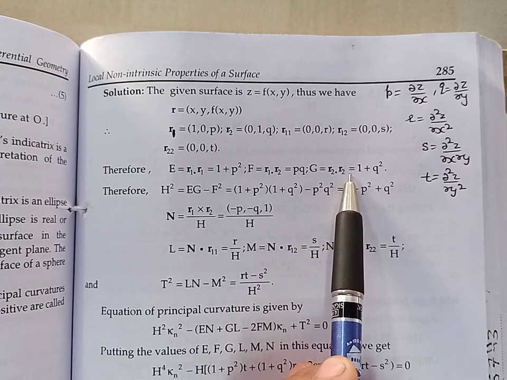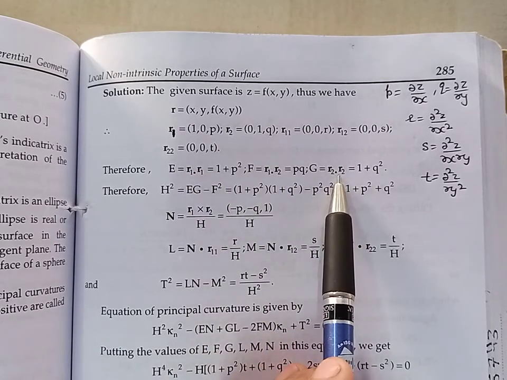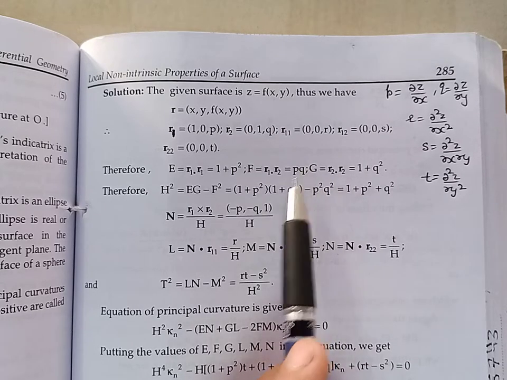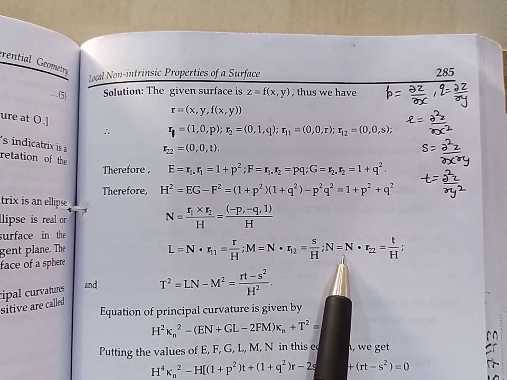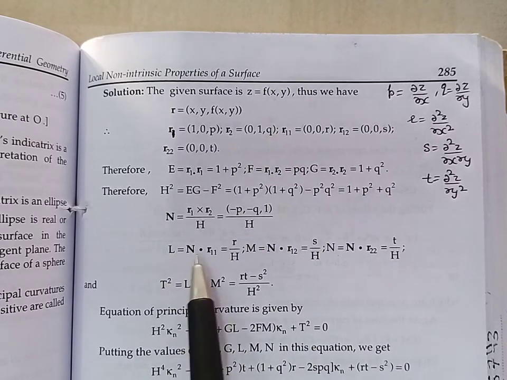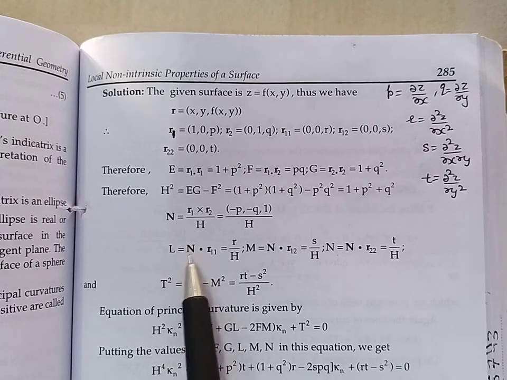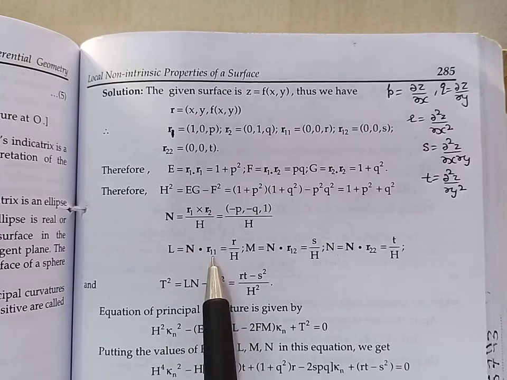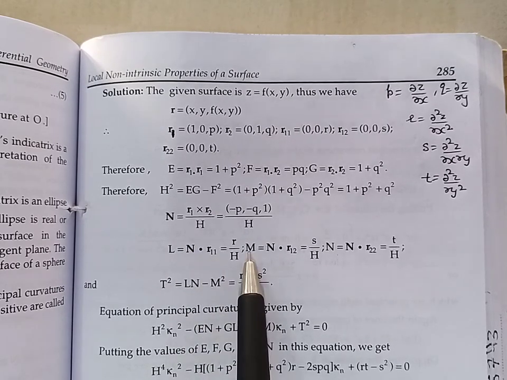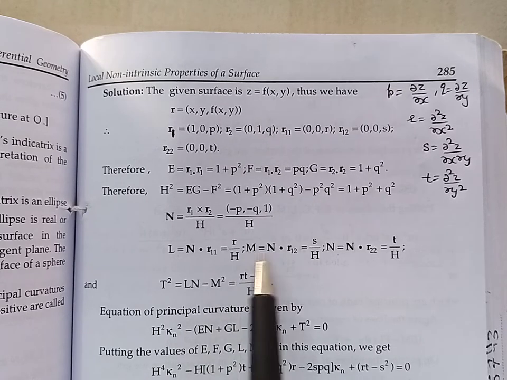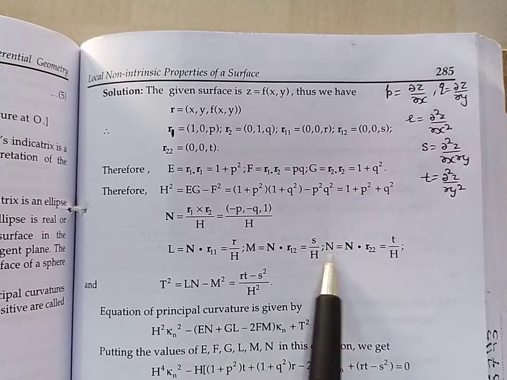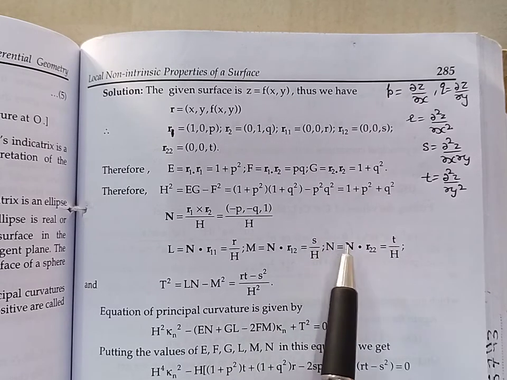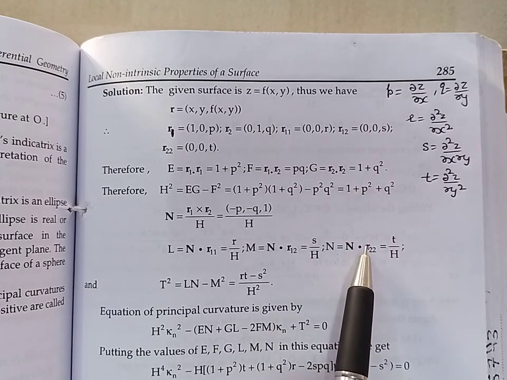So firstly you will have to find these three first fundamental coefficients, and also the second fundamental coefficients, which are L, M, and N. By definition, L is given by the dot product of the unit normal vector N to the surface with vector r11, M is given by the dot product of N with r12, and N is given by the dot product of N with vector r22.